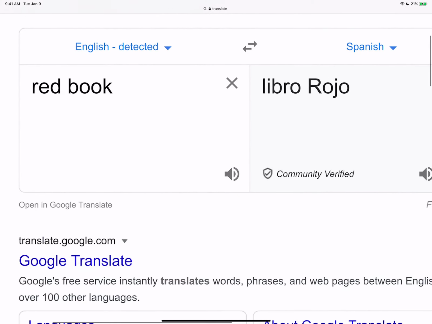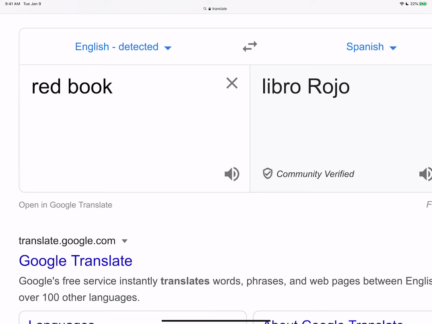We say red book in English. In Spanish, which one of those words do you think means red and which one do you think means book? Rojo means red. Libro means book. Exactly. So you see the order just reversed?